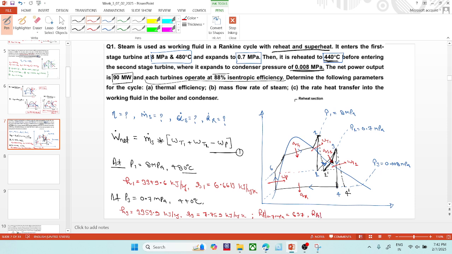And HFG at 0.7 is 2066, and SF is 1.99, and SFG is 4.71. Here the units are the same. The enthalpy is in kilojoule per kg and the entropy is in kilojoule per kg Kelvin. So these are the values I got for the pressure P2 or P3 equal to 0.7 megapascals.